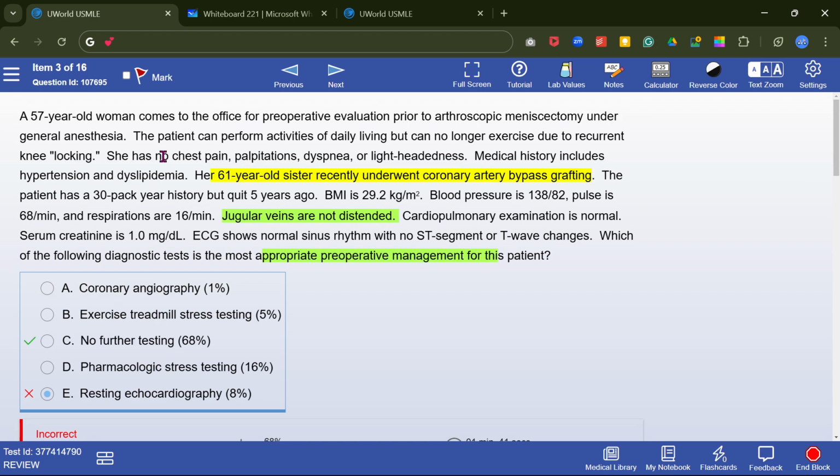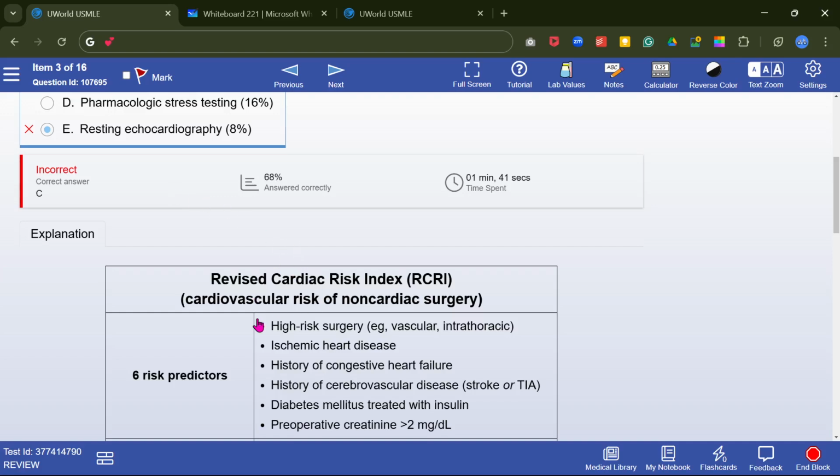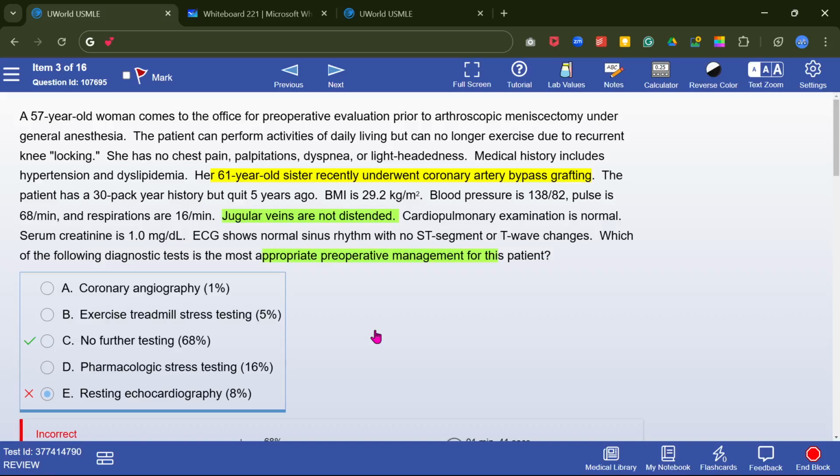But the most important thing here is that before doing a surgery, you need the revised cardiac risk index, cardiovascular risk for non-cardiac surgery.